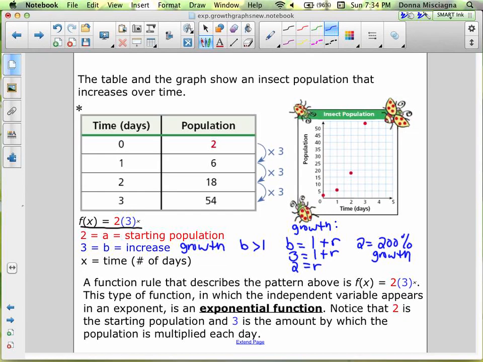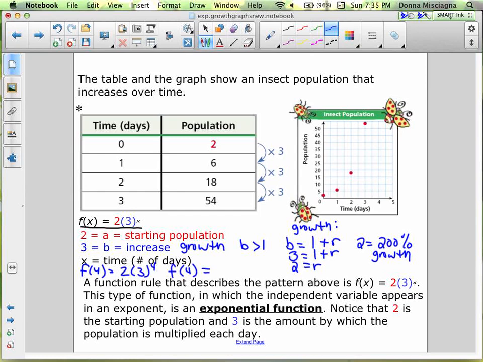Right? So for instance, if I wanted to know how many fruit flies there'd be after 4 days, I'd take f of 4, which would be 2 times 3 to the 4th. Order of operations, exponents first. Right? Don't make me sad. Exponents first, then multiply.